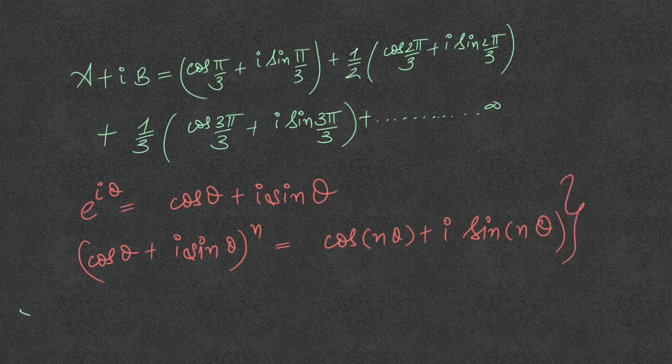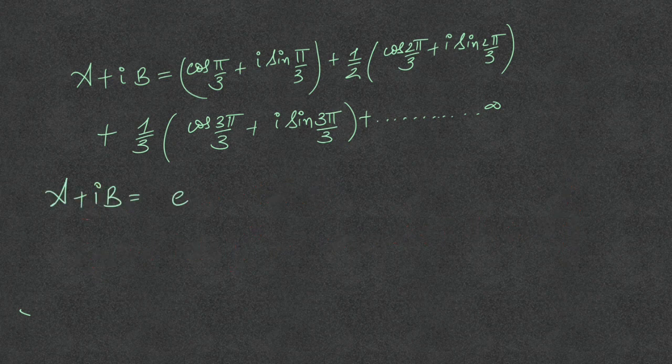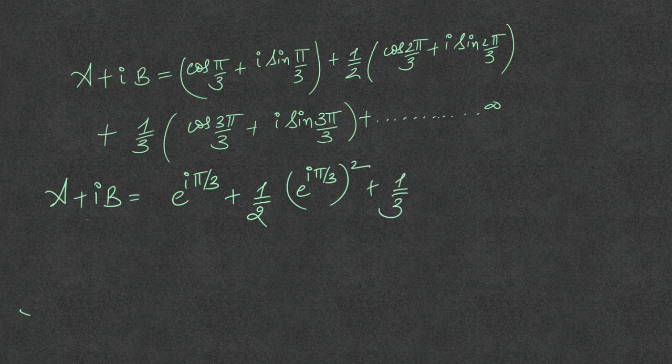Using these two identities in the expression, we get e raised to power iota pi by 3 for the first term, plus 1 by 2 into e raised to power iota pi by 3 whole squared, plus 1 by 3 into e raised to power iota pi by 3 whole raised to power 3, plus so on up to infinity.